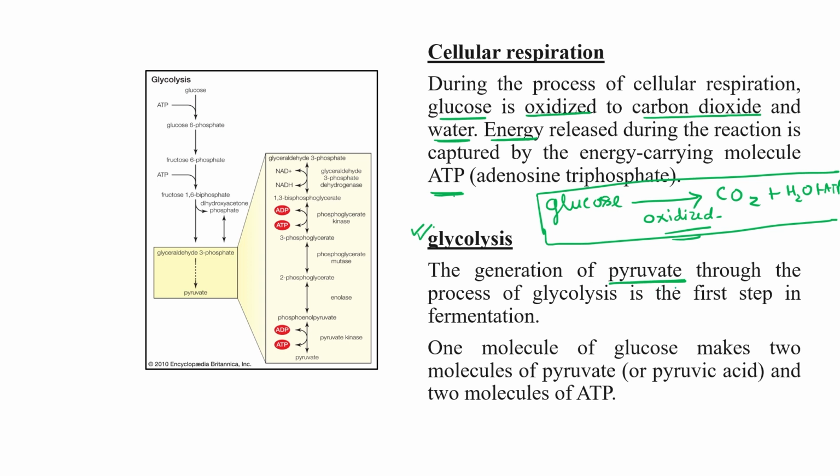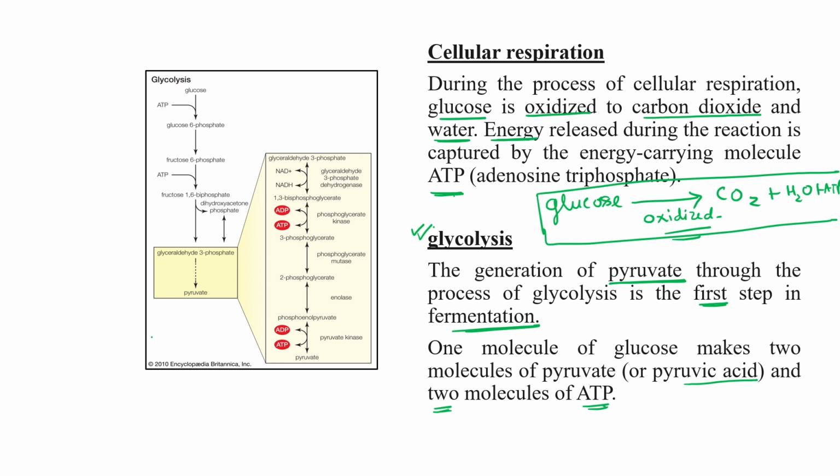So generation of pyruvate through glycolysis is the first step of fermentation as well. One molecule of glucose makes 2 molecules of pyruvate or pyruvic acid and 2 molecules of ATP during glycolysis.